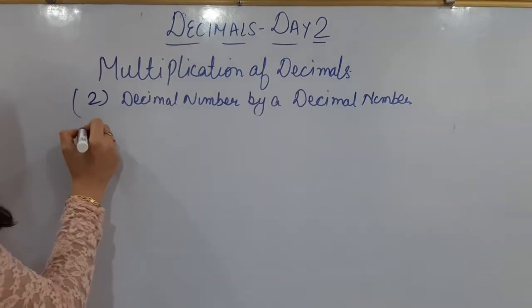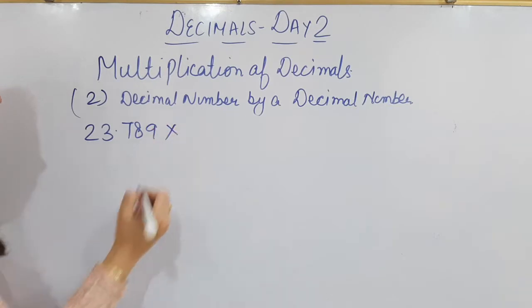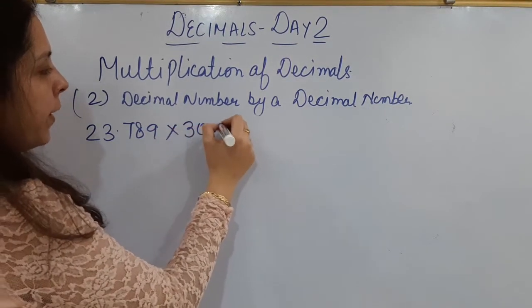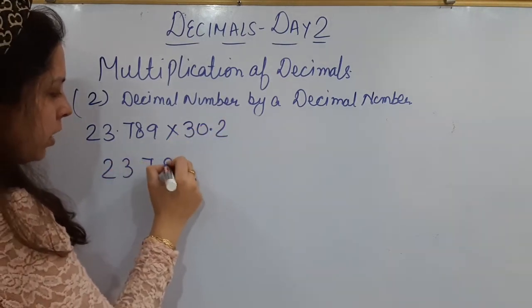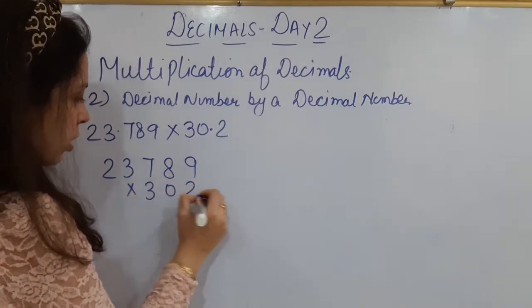So, first question is 23.789 and you have to multiply it by 30.2. See, 23789 and multiply it by 302.